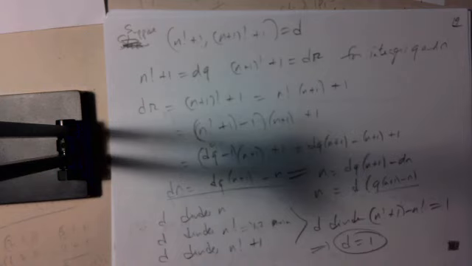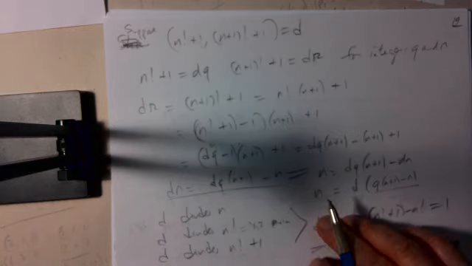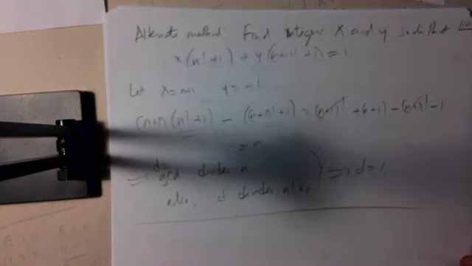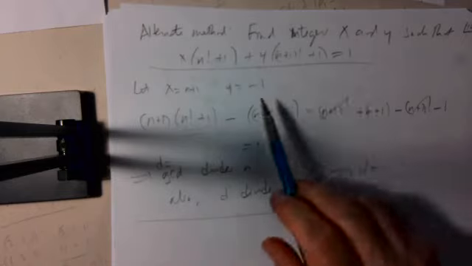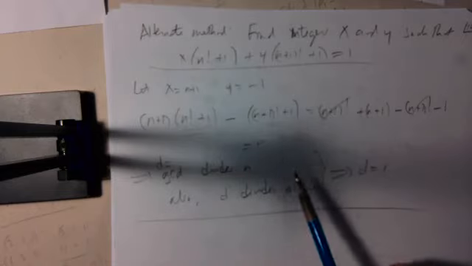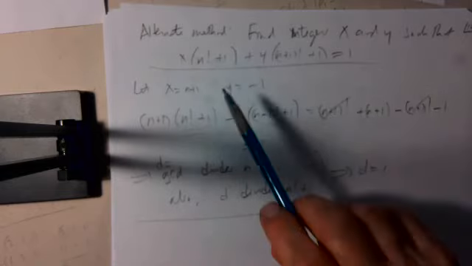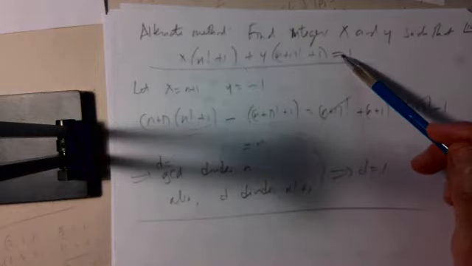Professor, can you go back to the previous slide? You mean this one? Yes. So I did not do this. I didn't find integers x and y that satisfied this equation.